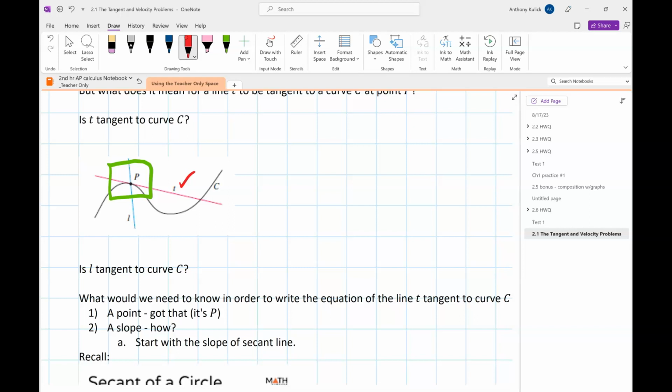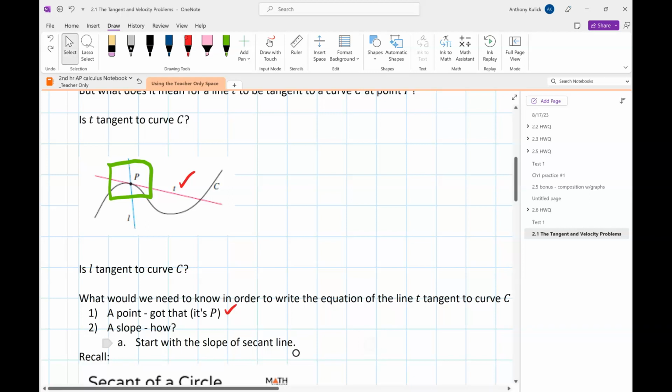Well, if you remember back from your algebra class, that was a long time ago, to write the equation for a line, we need a point. We know P, it's got to pass through that. And we would need a slope. How are we going to get a slope from this line T?